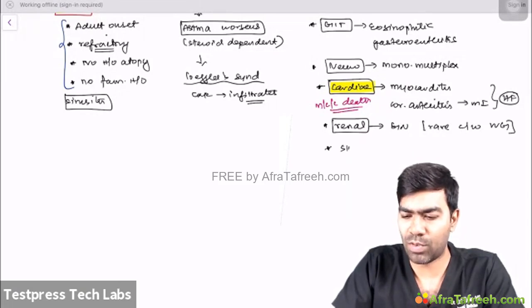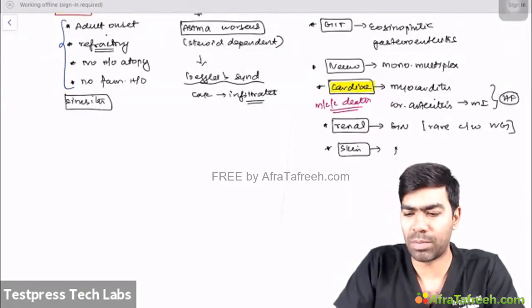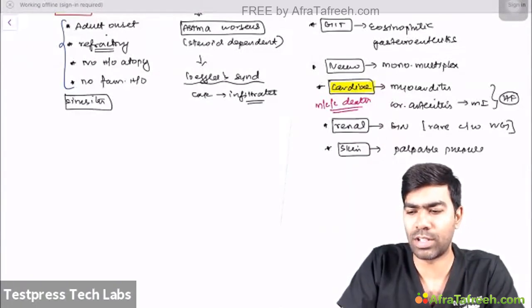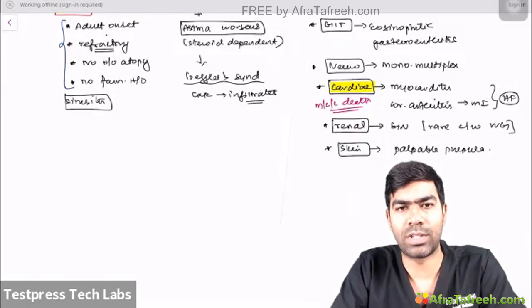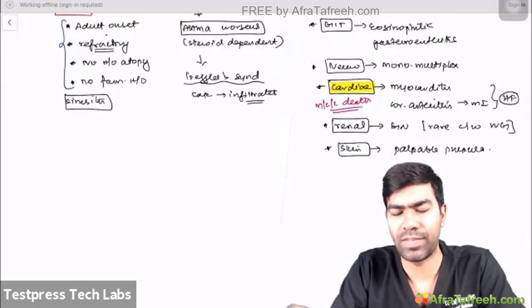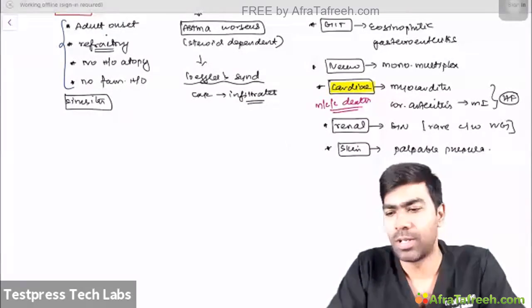And they can have skin involvement. Typically, they can produce palpable purpura, livedo reticularis. All these things are possible in patients with Churg-Strauss syndrome as well. Fine.